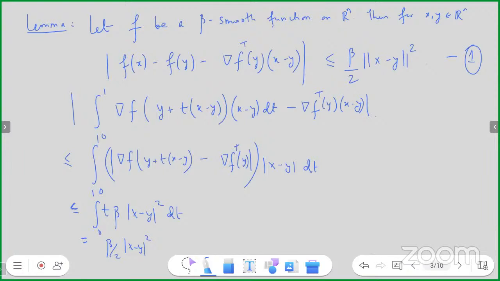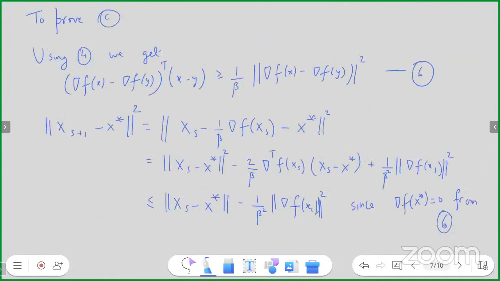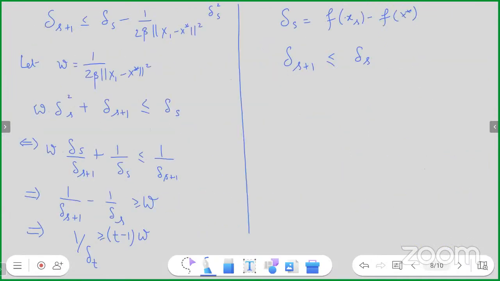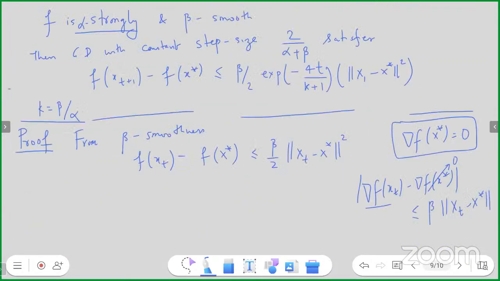Does it do the job? If we take y to be x star, this will disappear. This will be simply f of x minus f of x star is less than or equal to this quantity. But again, I'm also losing the norm on the left hand side, because f of xt is always greater than or equal to f of x star. Okay.